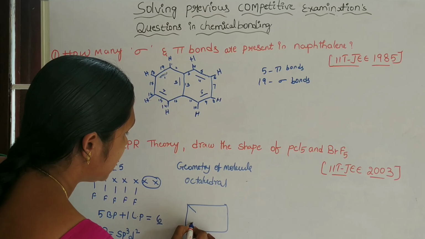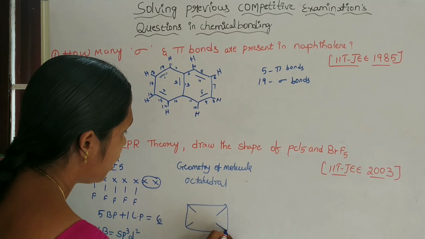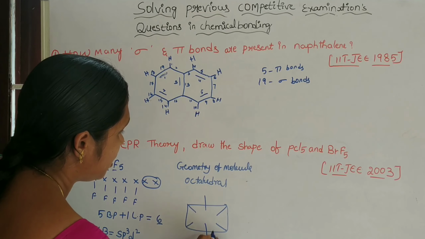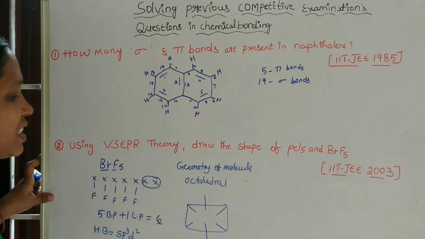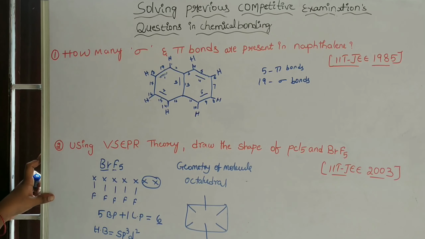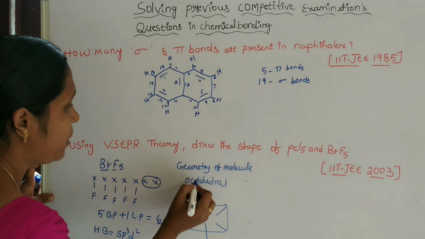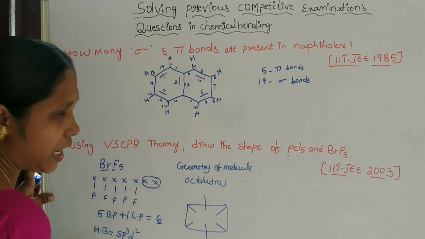Geometry means the arrangement of electron pairs. The arrangement of electron pairs on the nucleus of the central atom is known as geometry. So the geometry is octahedral.